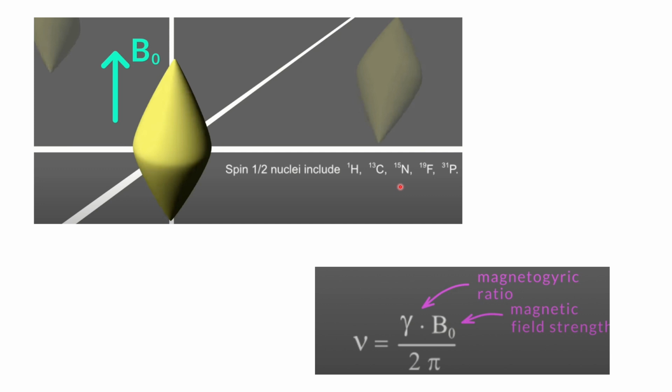The precession frequency or the Larmor frequency is given by this equation and is dependent on the strength of the magnetic field and the gyromagnetic ratio, which is a constant for a given isotope. If you apply a short radio frequency pulse or RF pulse at right angles to B0, the nuclei will flip down to the XY plane in unison and continue to precess.